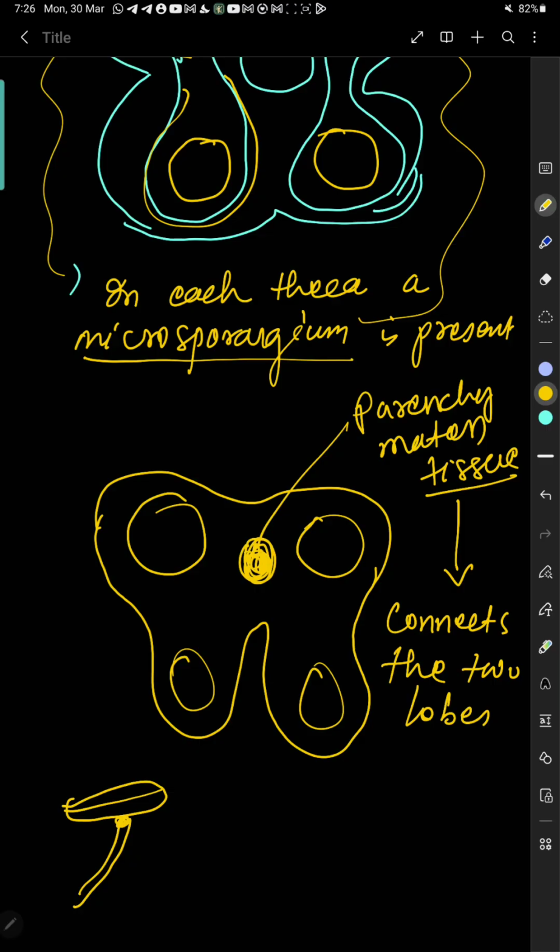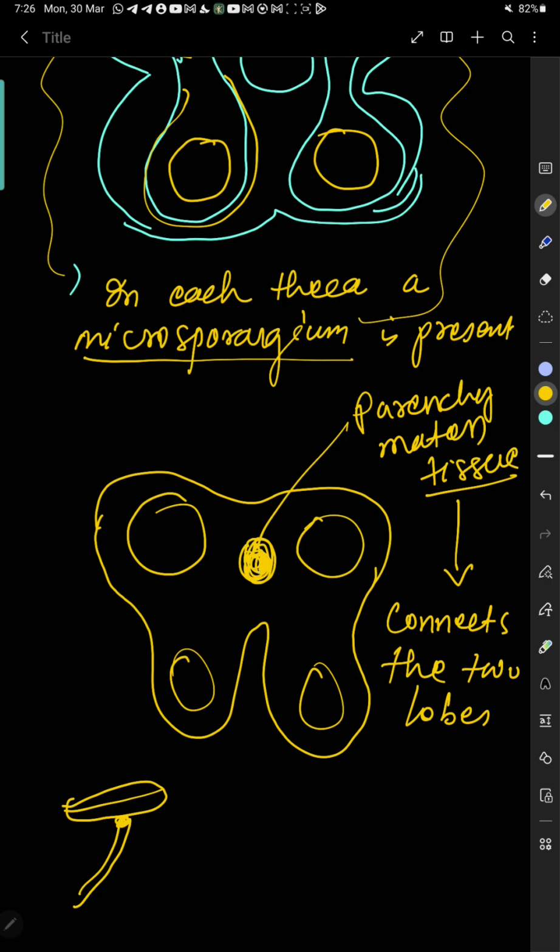Inside the anther, the sporangia are there, and in the sporangia the sporogenous tissue is there, and they need a supply of water and nutrients for the division of cells, for the growth of the cells. Then where do they get this nutrient from?